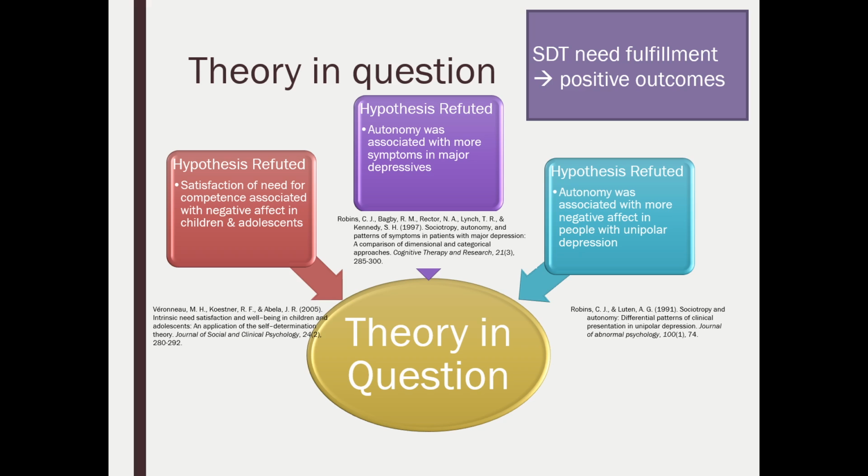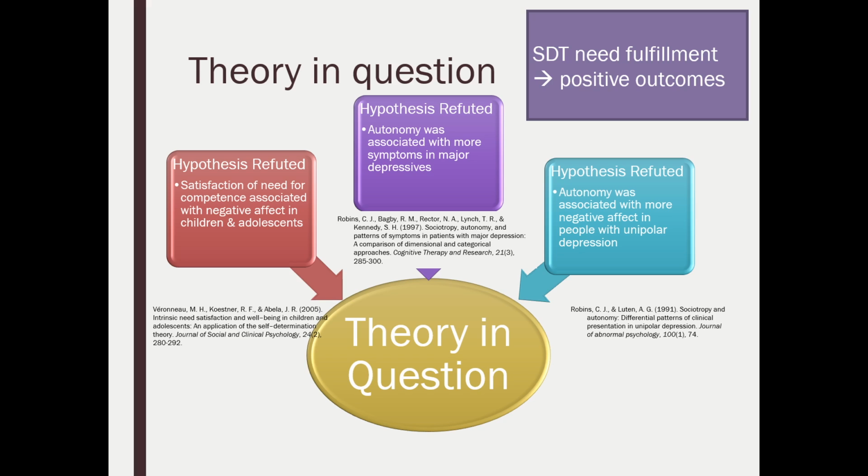I'll give you a little foreshadowing that the way that they talked about autonomy in these 2 studies on this slide was not in terms of whether that need was being met as much as whether you were high on the need, like you need a lot of autonomy, which is sort of a different angle on the subject, right?